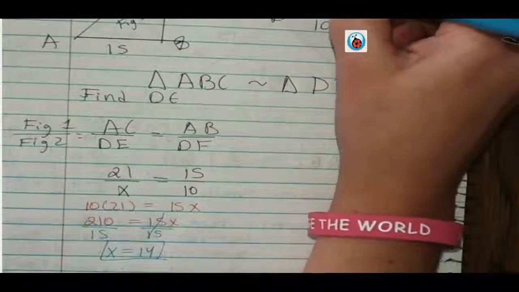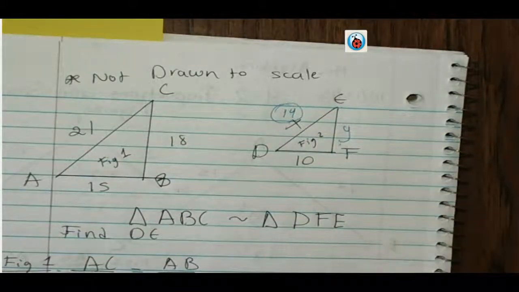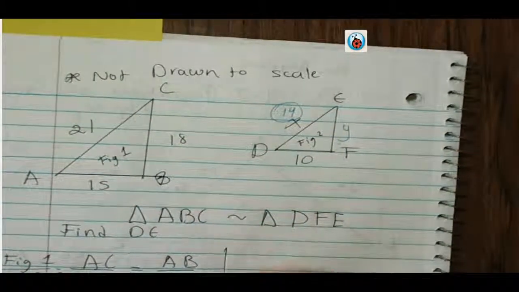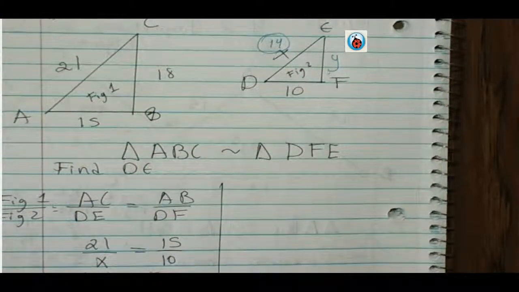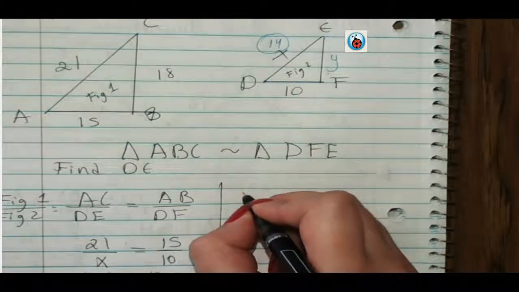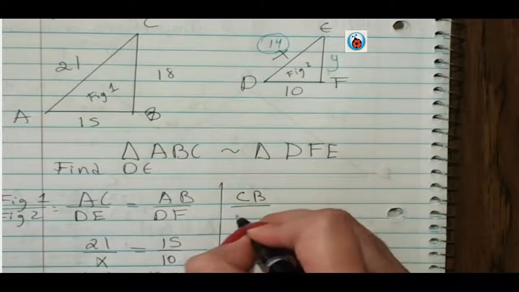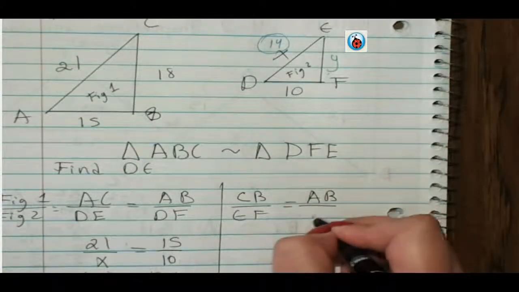Can we find EF? Let's call it Y. Okay. So what can we do? CB corresponds to EF and AB corresponds to DF.